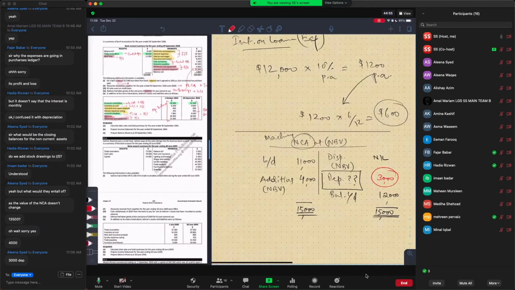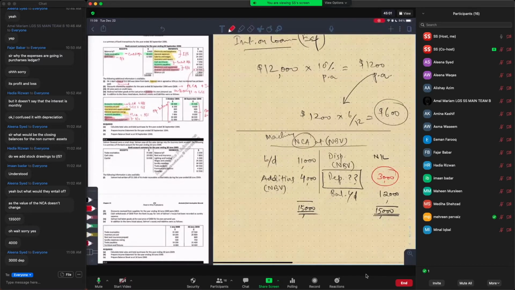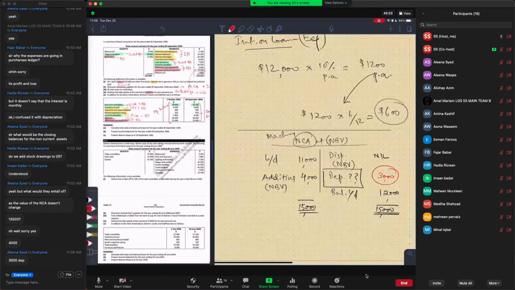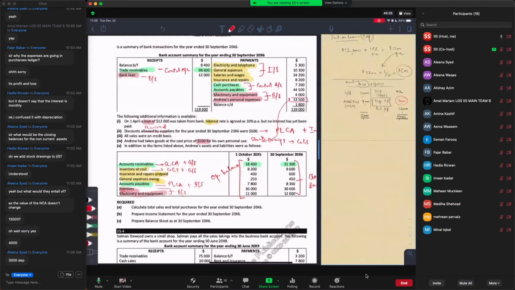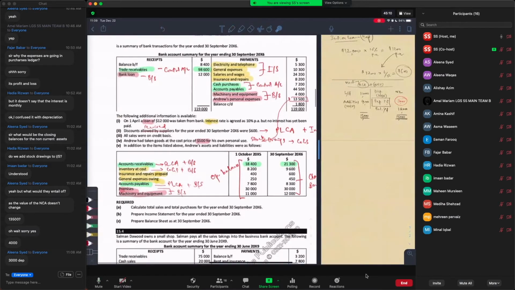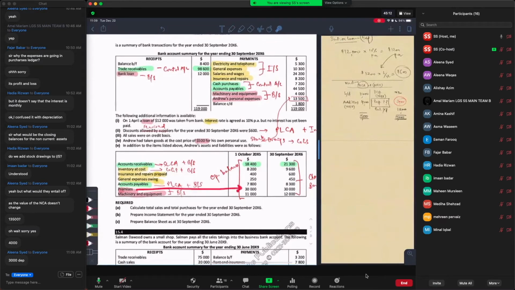Excellent. Very good. Okay. So now if we apply the same check here for the other non-current asset, you can see the other non-current asset is premises. So 30,000 net book value in the last year, 30,000 in the current year. There are no further premises purchased during the year.